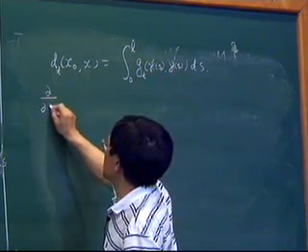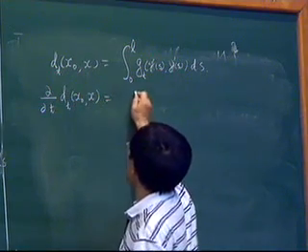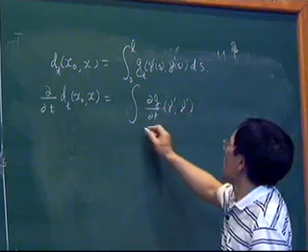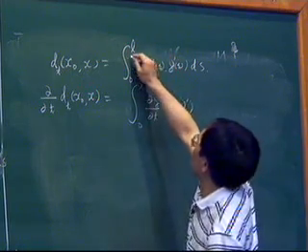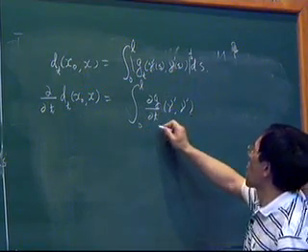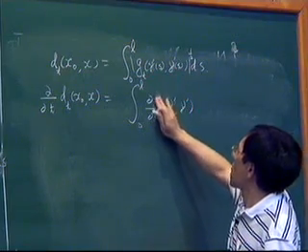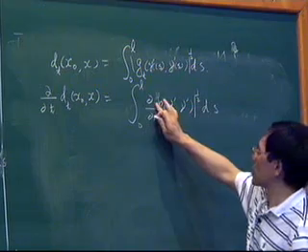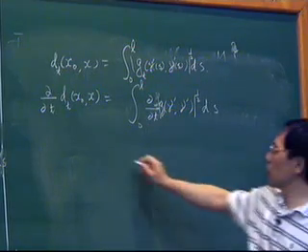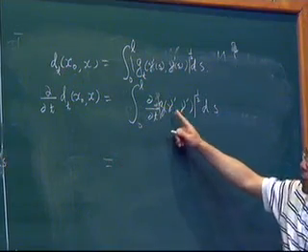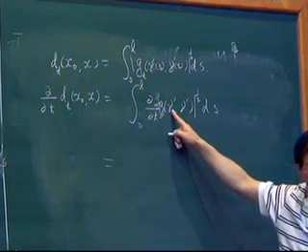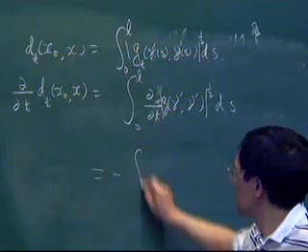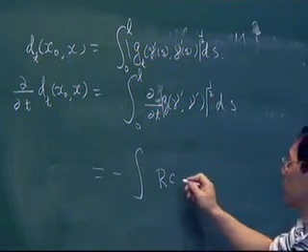If you compute the derivative, because we use the Ricci flow and gamma prime is a unit vector, it equals minus the integral of Ricci, because there is a half here, so it's cancelled.